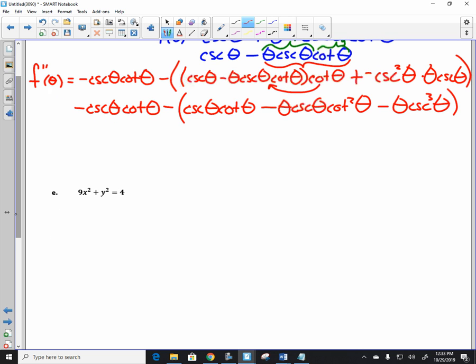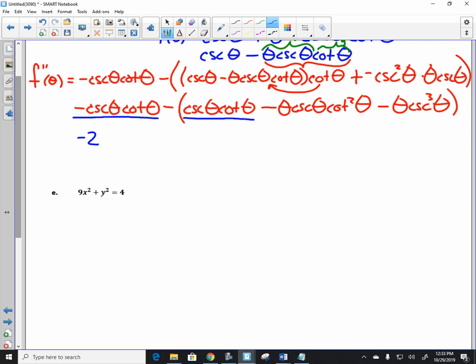And my last step here, I'm just going to distribute the subtraction sign. Does anybody see any like terms that will combine? I have a -1 minus another one is going to be -2.